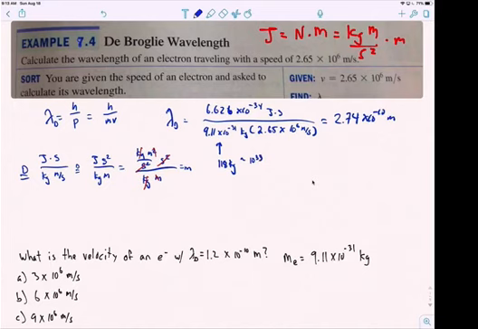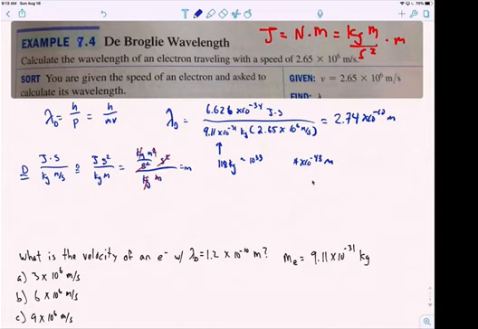So if I was traveling this fast, my de Broglie wavelength would be some number times 10 to the minus 43 meters. So my de Broglie wavelength, even at speed, is going to be so small.